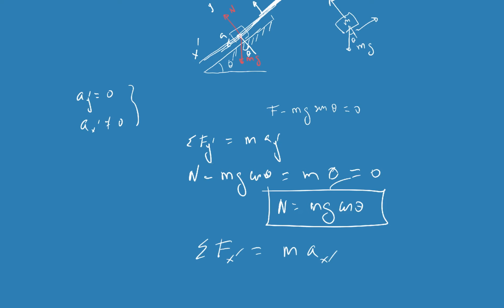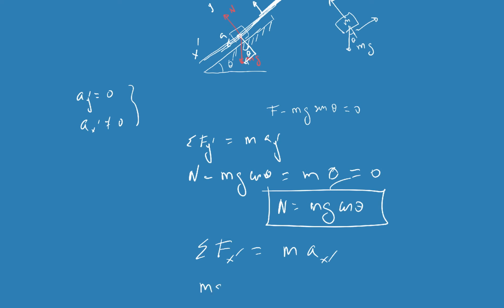I only see that n is not in the x prime direction, it's in the perpendicular direction. So I see mg sine of theta. This force is what is in the x prime direction.